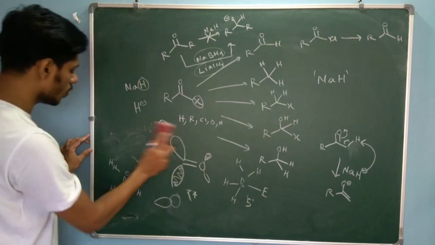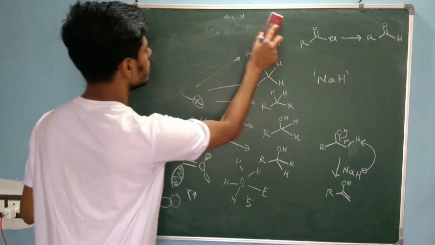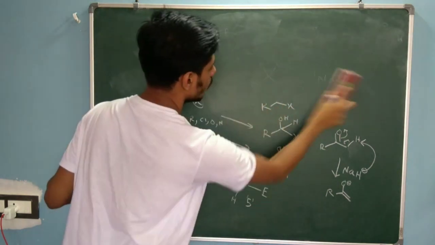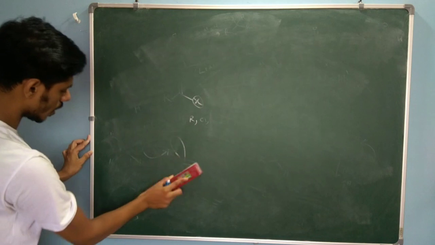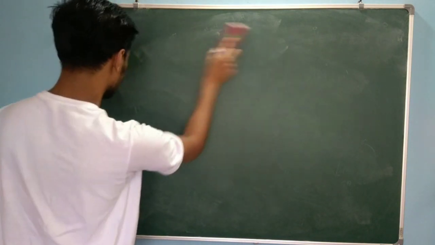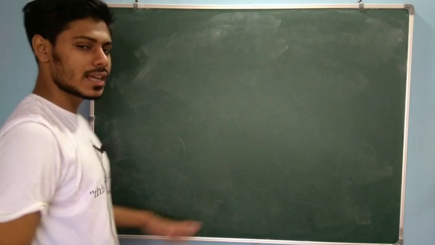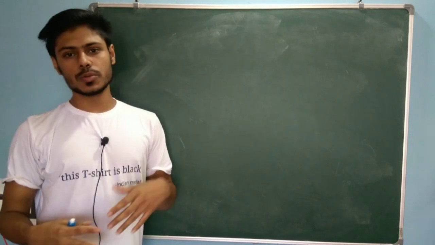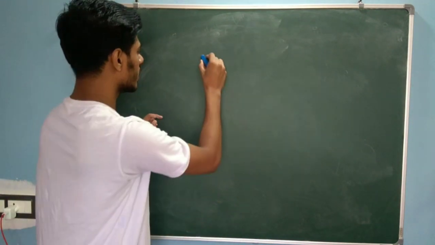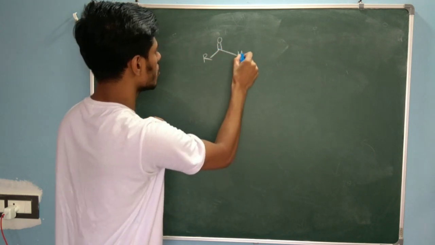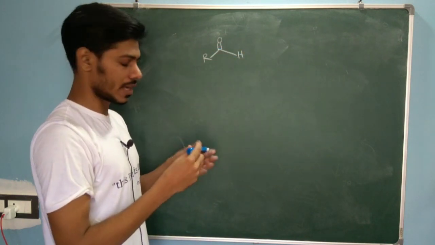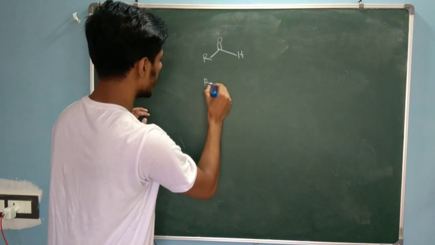Now let us see when we use sodium borohydride or when we use lithium aluminium hydride, and what other reducing agents we can use. There are several carbonyl groups, right? And we discussed the reactivity of different carbonyl groups in the very first video. Let's say you have this aldehyde, which is the most reactive of the neutral carbonyl compounds. Then you have the ketone.